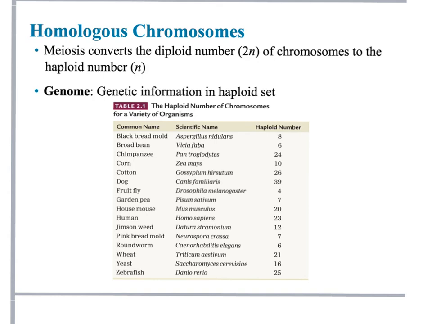So here's a haploid number of chromosomes in a variety of organisms. So we see dogs have 39 as their haploid number, but the fruit fly just 4. Human is 23. So you can go through that just for comparative purposes.